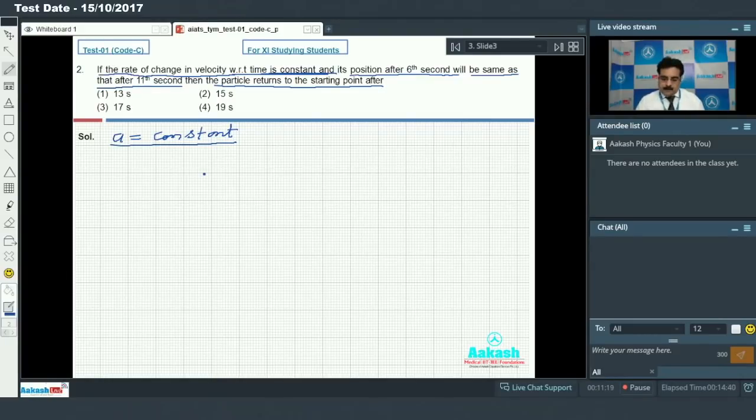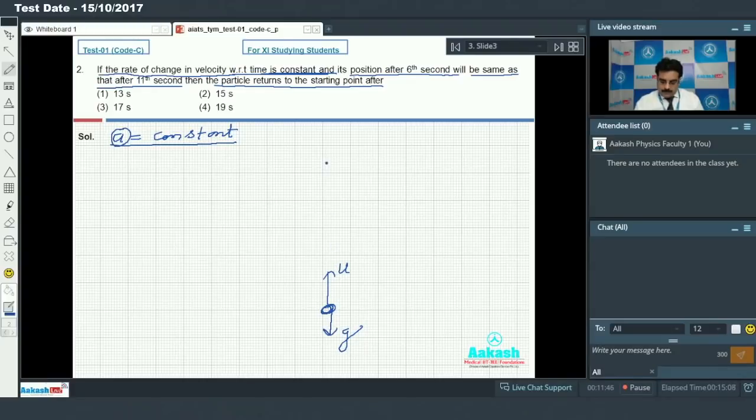So we can compare this question with motion under gravity. Imagine this is the point of projection, so the direction of initial velocity is upward. The acceleration due to gravity will act downward, because the question says acceleration is constant, and here the acceleration due to gravity is also constant.